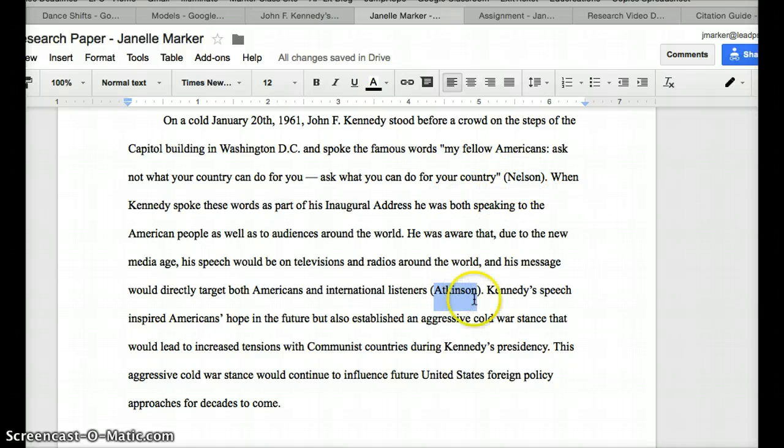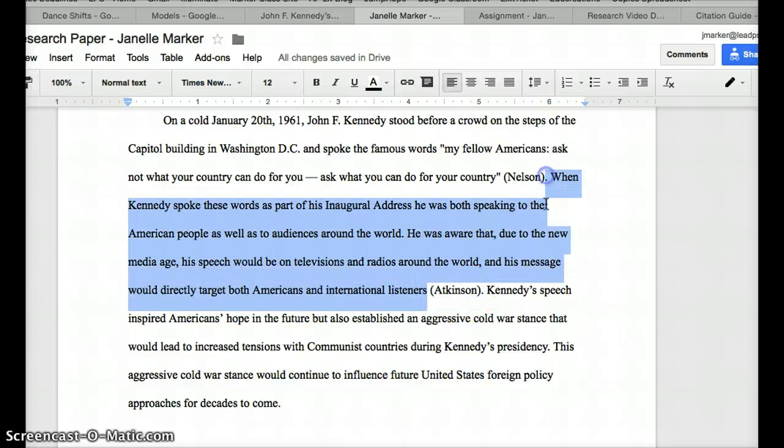If it had been Nelson again, I would have to recite Nelson, because anytime you have a direct quotation, you always have to put the source directly after that quotation, taking responsibility for that piece of information right there. When you're paraphrasing, you can do more of, well, this sentence was all from Atkinson, and this sentence before was also all from Atkinson, so I'm just going to put Atkinson at the end of both of them. It lets my readers understand that all this stuff probably came from the Atkinson source.